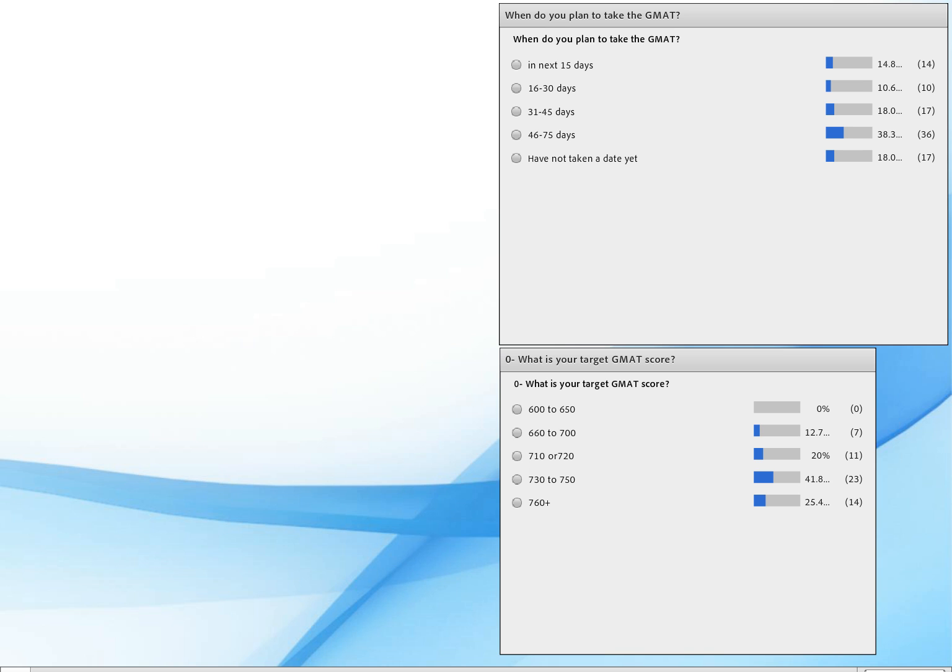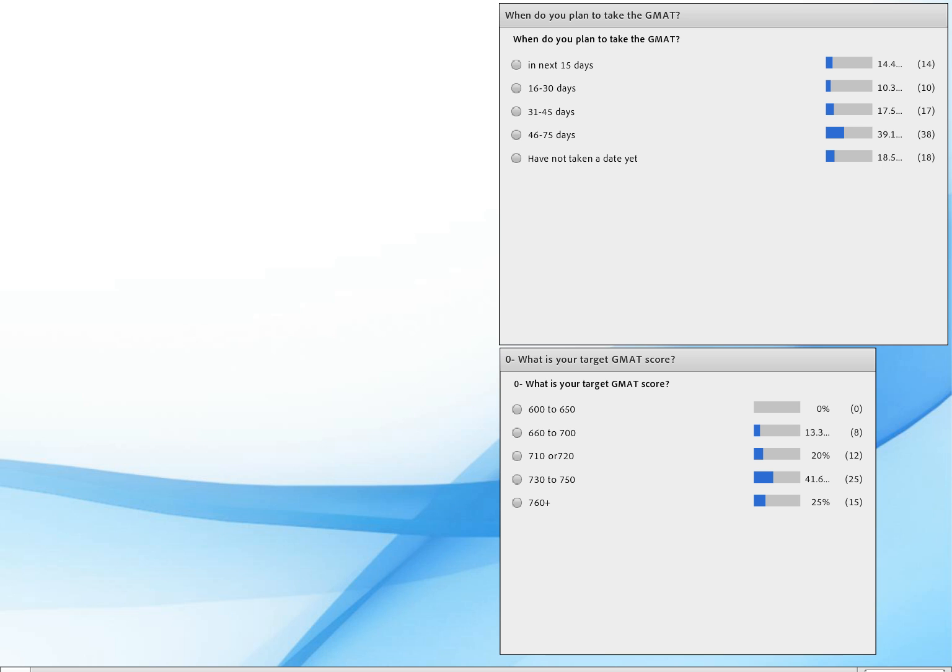Based on the data that I have so far, I have one large group, which is those who have between 46 and 75 days, and then 3 similarly sized groups: about 14.5% of the class take their test right away, a similar size in a month to 45 days, and about 18% haven't taken their date as of yet.